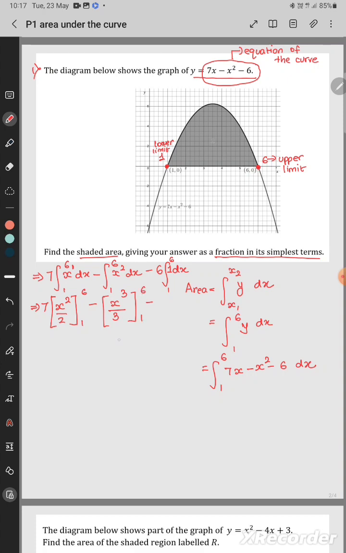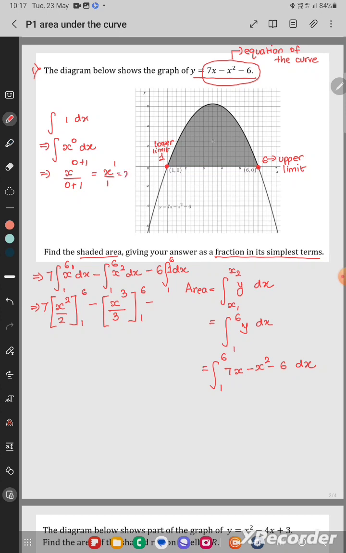Minus, so here we have integral 1 dx. If you want, you can think of it like this: x to the power of 0 dx, because anything to the power of 0 is 1. Again that concept, x to the power of 0 plus 1 by 0 plus 1. That's simply x to the power of 1 by 1, and that will give us just x.